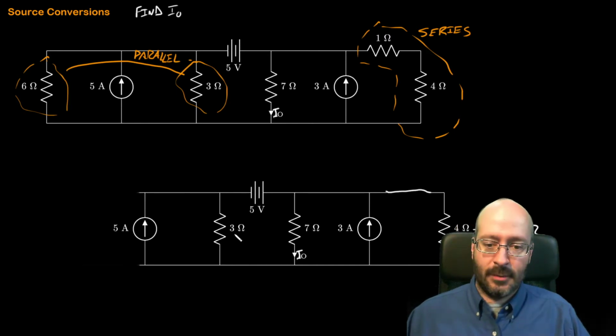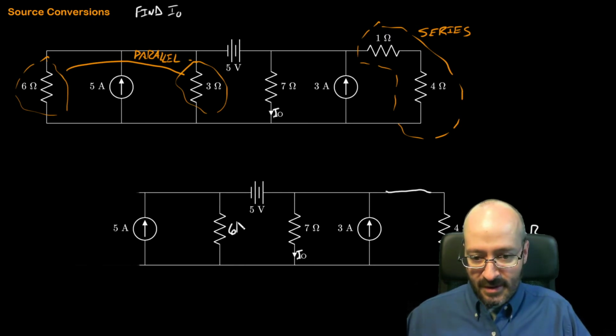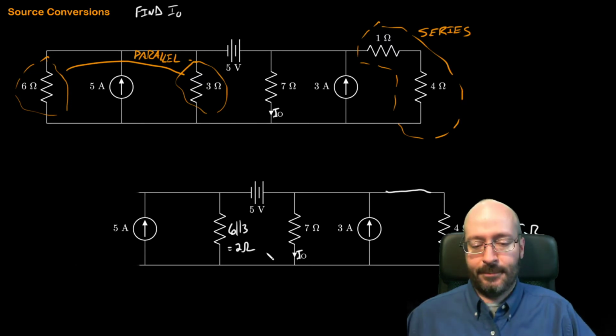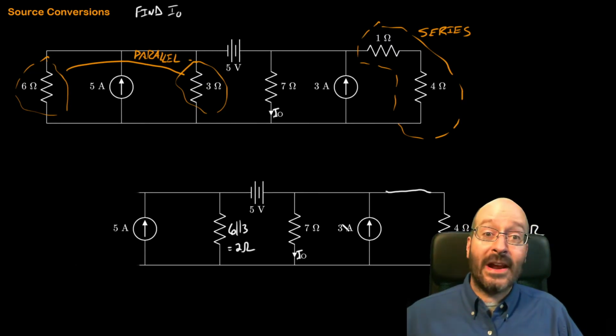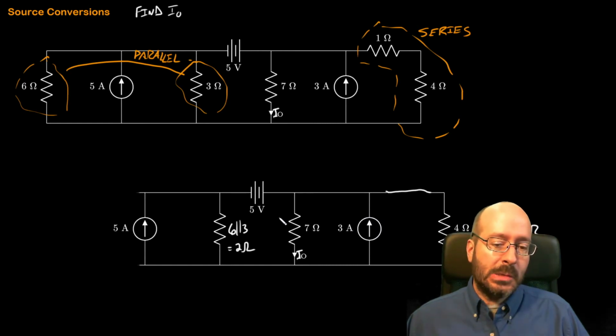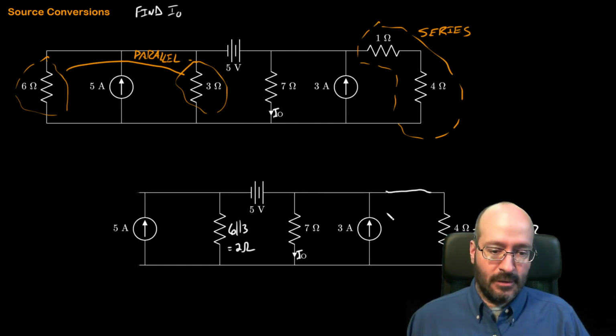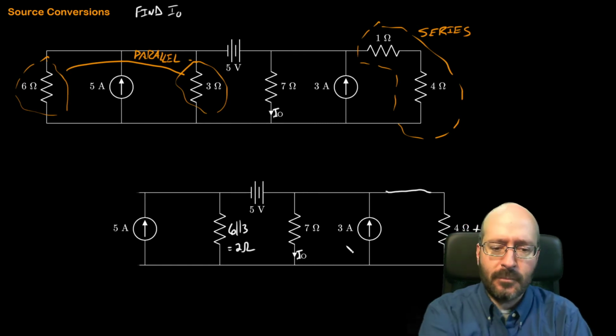This is then going to be 6 in parallel with 3, and that's equal to 2 ohms. So it's already smaller, just making those simple combinations that I think we already knew what to do with, but it gets us a little further on the way to making some conversions.